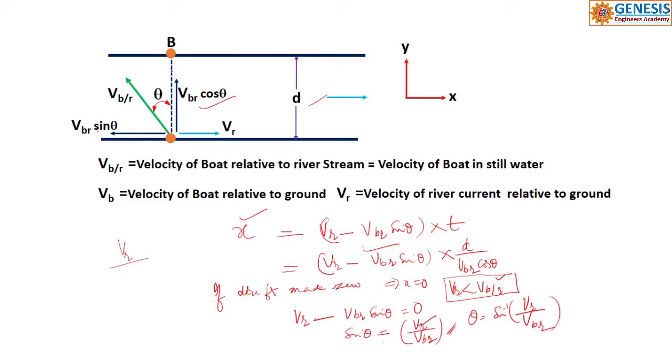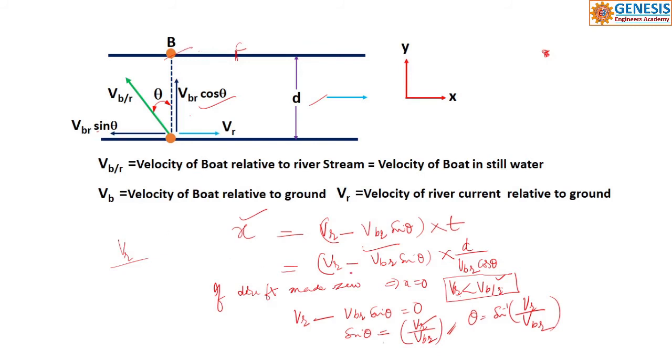If drift is not zero, he may land anywhere because of this high speed. But if he wants to reach point B, then drift must be 0.